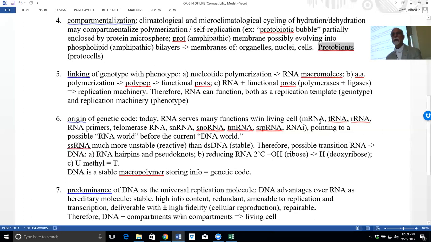There are things such as messenger RNA, transfer RNA, ribosomal RNA. I'm just indicating the lowercase letter here, okay? Others, short snRNA, etc. RNA interference. So there are many different types of RNA molecules within cells today, a great variety.